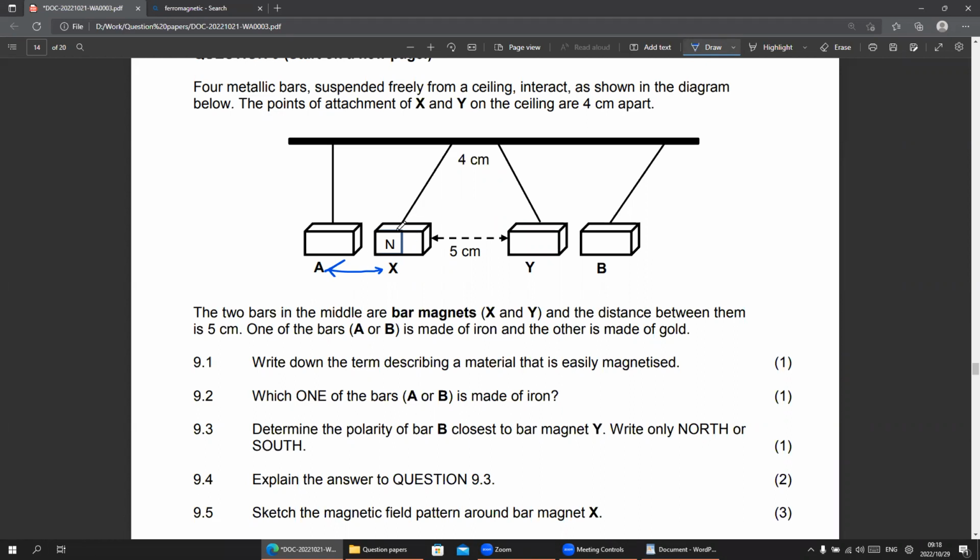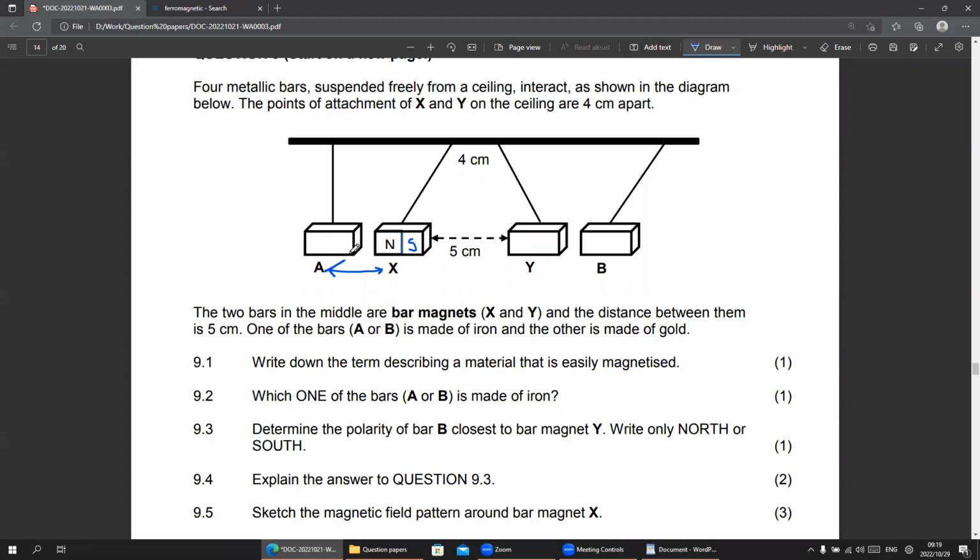So just from X, you can see this is your North Pole, this is your South Pole. X is moving towards A, but A is not moving towards X. That means A is not being attracted by X, and A is also not moving away from the magnet. So it's not attracted nor is it repelled by the magnet.